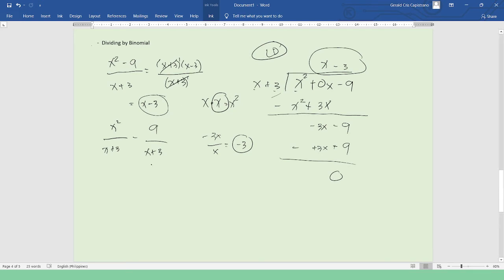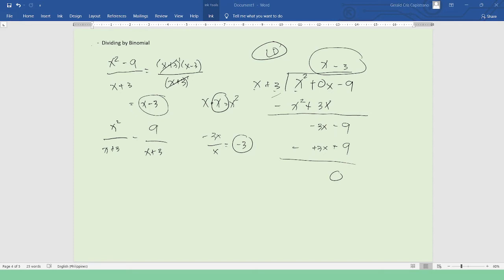Okay ba? So, imbes na alalahanin nyo lahat ng, let's say, lahat ng pwedeng special products or special factoring, ito na agad yung pinakasimple yung approach na gamitin. So, yung isa pang approach dyan ay yung tinatawag nating synthetic division. Okay.